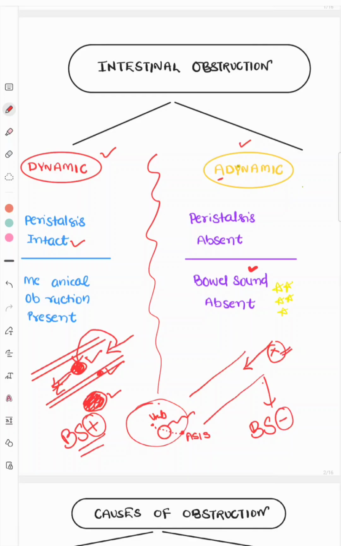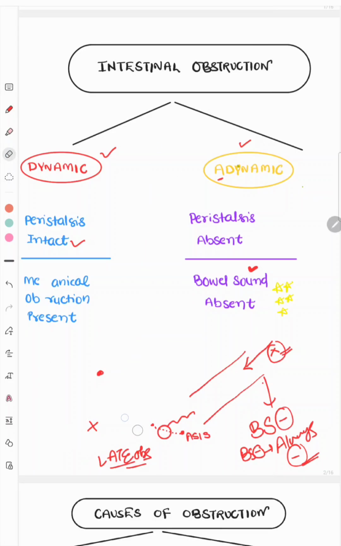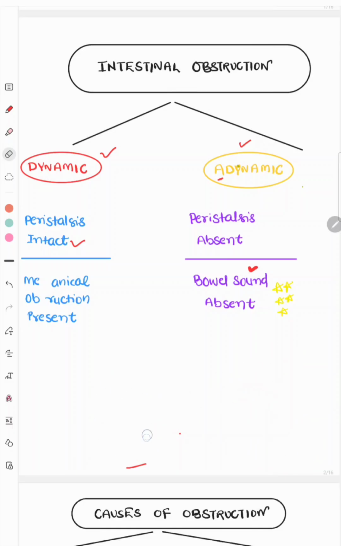But there is a point to remember: the bowel sounds can be absent in the late stage of dynamic obstruction, but they are present in the early stage. In adynamic obstruction, the bowel sounds are always absent. So this is the difference between dynamic and adynamic obstruction.